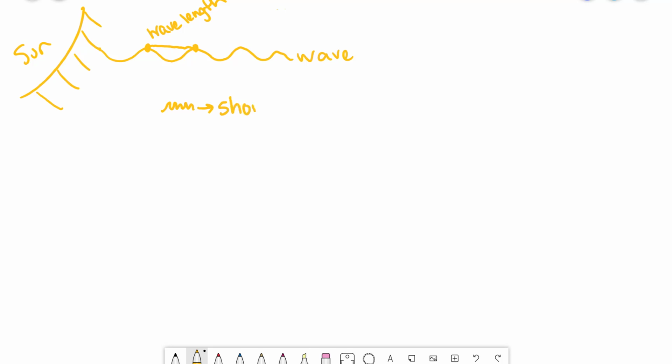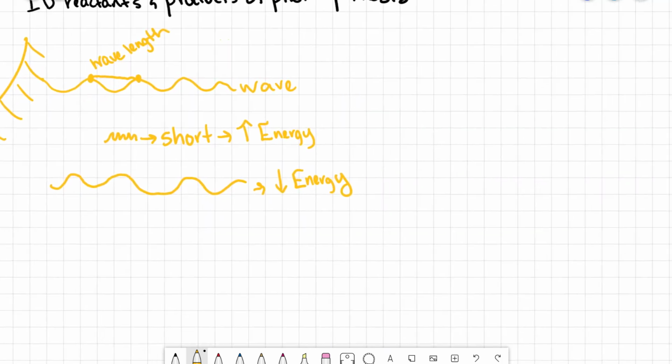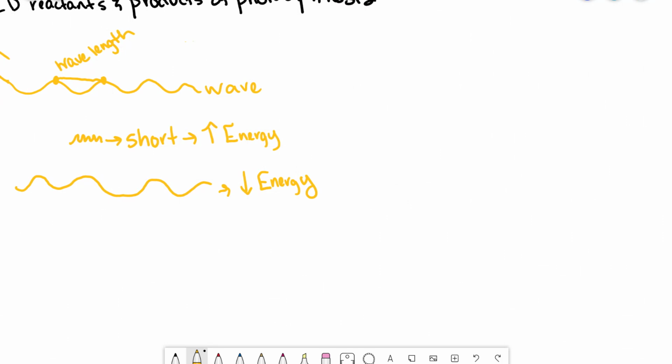These are going to be your high energy waves. And then if you have them way long, then these are going to be your low energy waves. And of course, there's everything in between short and long, right? And all the waves make up an electromagnetic spectrum.